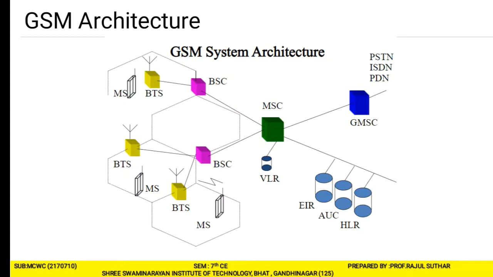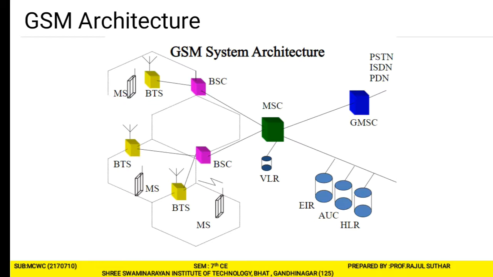In the previous discussion we discussed the mobile station, base station subsystem, then network switching center, mobile switching center, HLR, VLR. So the mobile station is the mobile equipment and SIM card. Then the base station covers the BTS, base transceiver station, as well as the base station controller BSC.